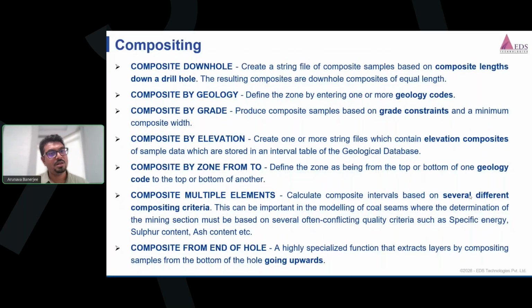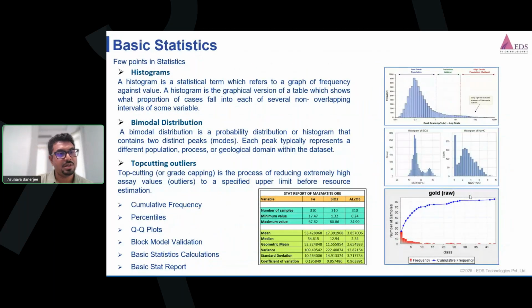Next, after compositing finalization, a few things are very important in basic geostatistics. First is the histogram. We can create basic statistics histograms to know the distribution of the samples: minimum value, maximum value, median, mean, geometric mean, variance, standard deviation, coefficient of variance.